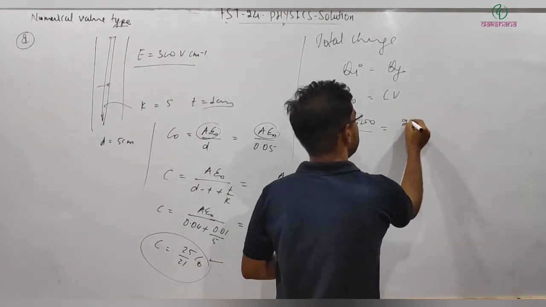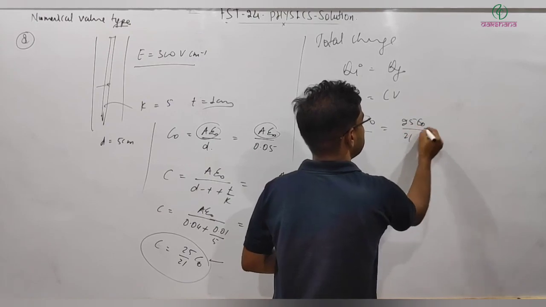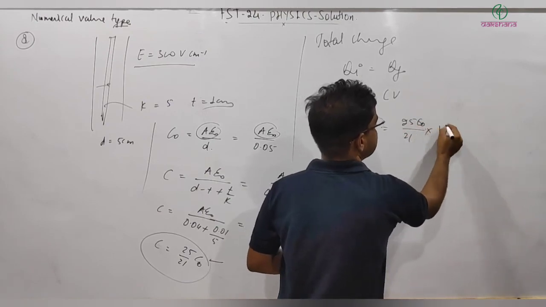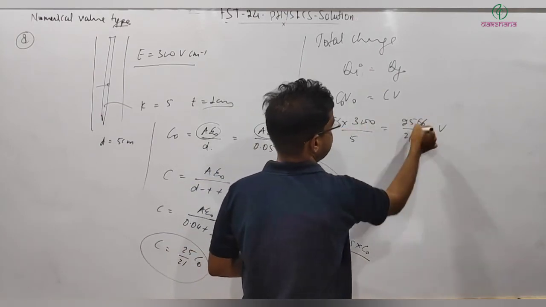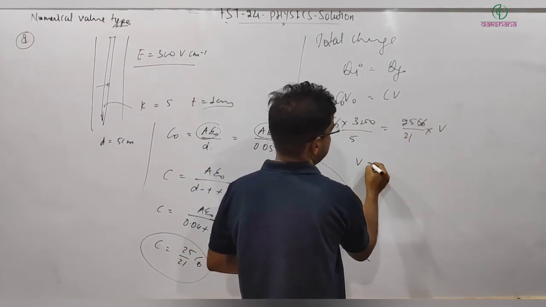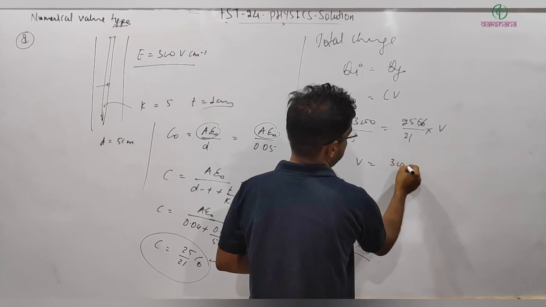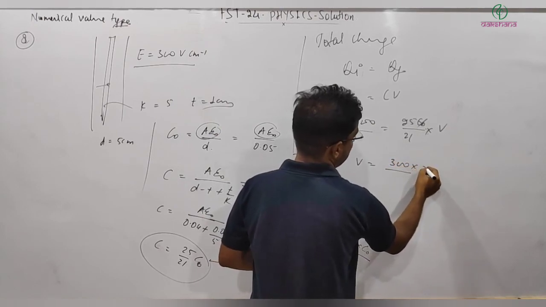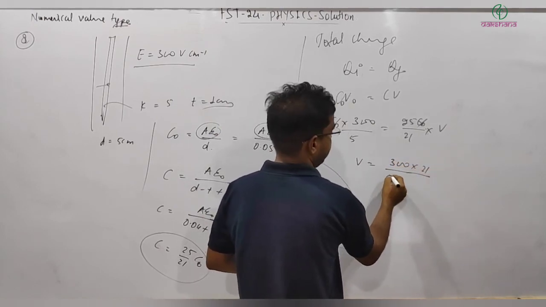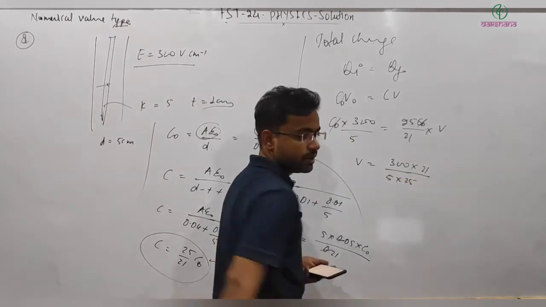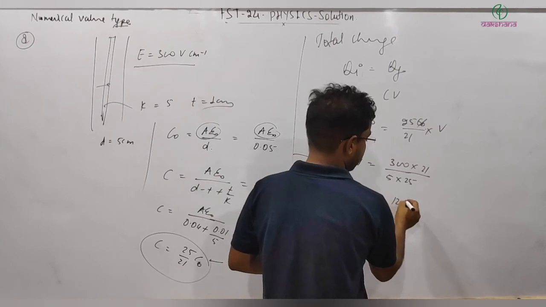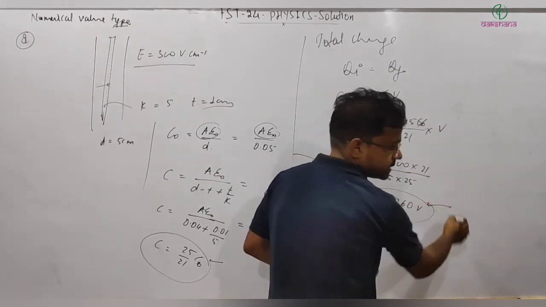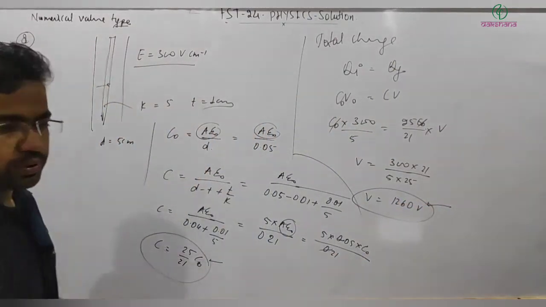And final is 25 C naught divided by 21 multiplied by final potential, let's say V. Simplifying it, C naught gets cancelled, and we get V is equal to 300 into 21 divided by 5 multiplied by 25, right? Simplifying it, we get V is equal to 1260 volt, and this is the answer to this problem.